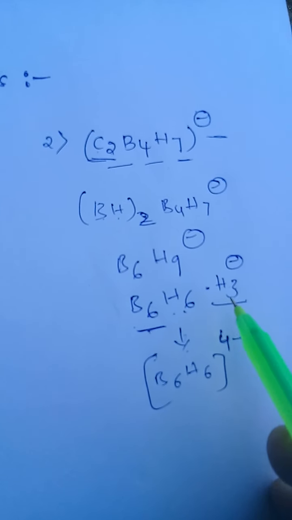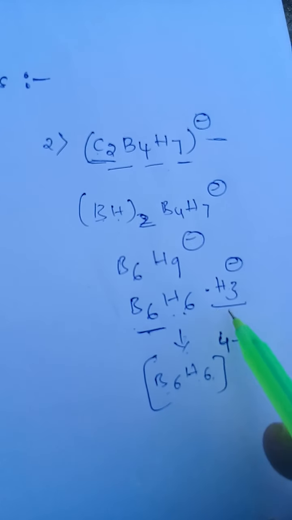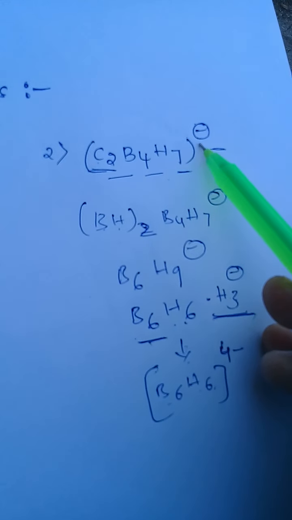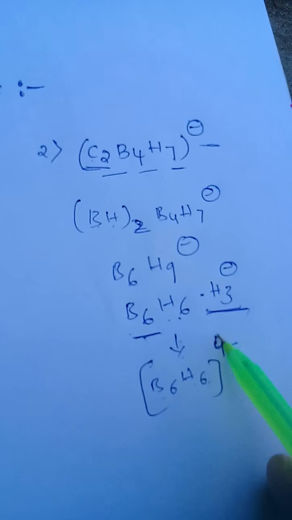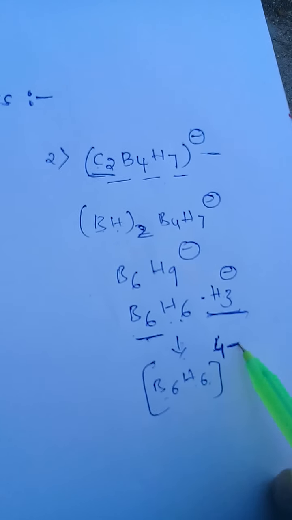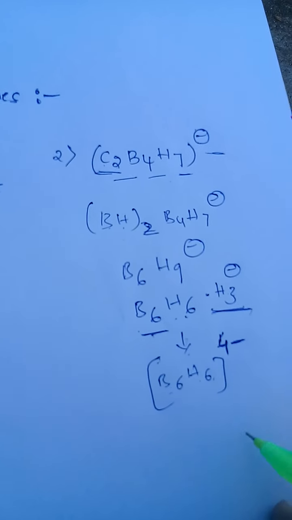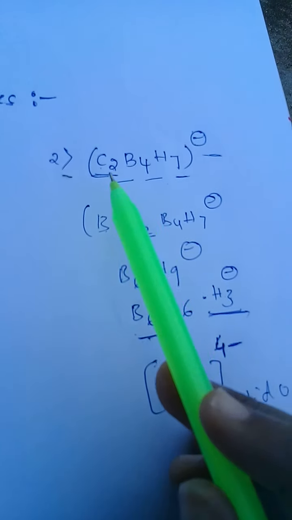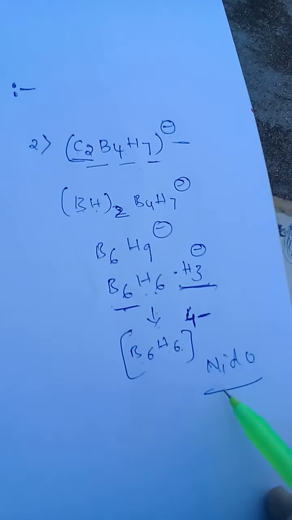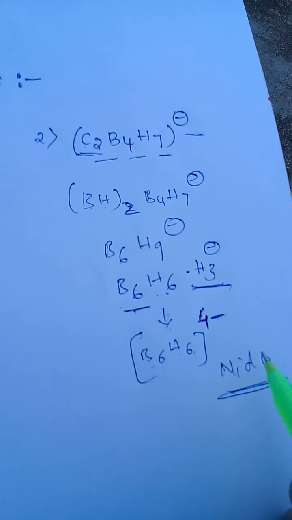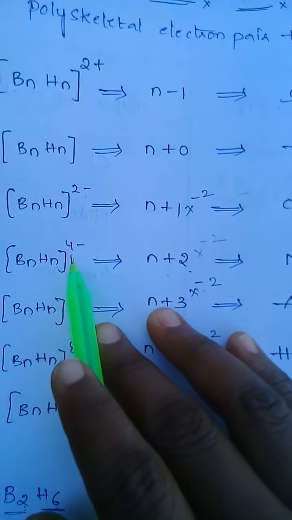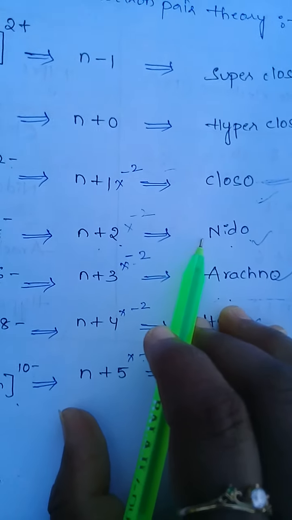In the last step, B6H6 and these 3 hydrogens plus the 1 charge already present, so total 4 minus. 4 minus means the structure is nido. For C2B4H7 minus, the structure is nido. Why? Because the charge we get is 4 minus, and 4 minus means nido.